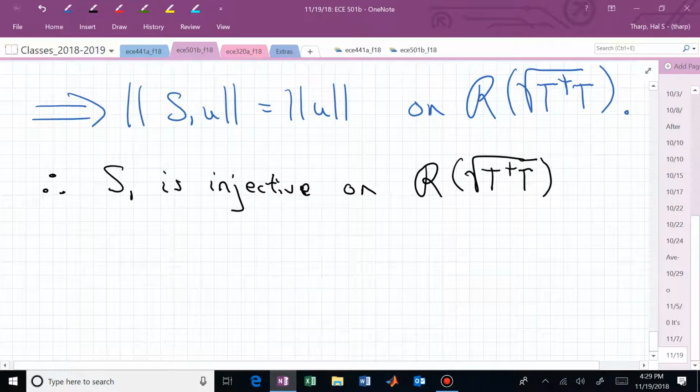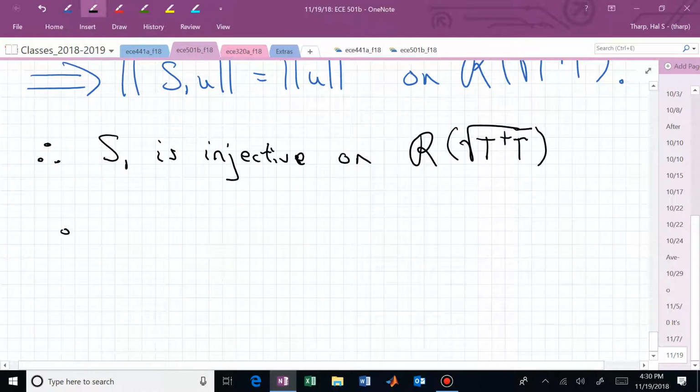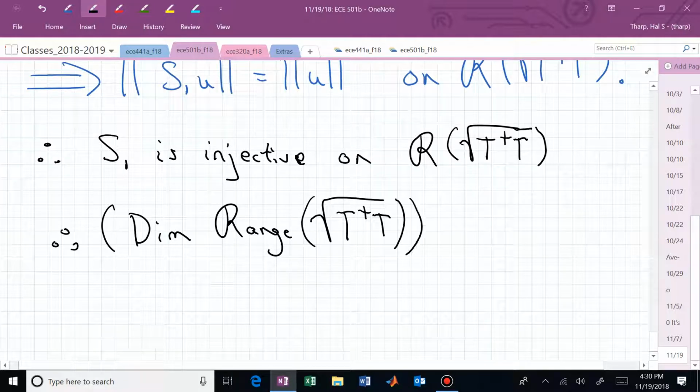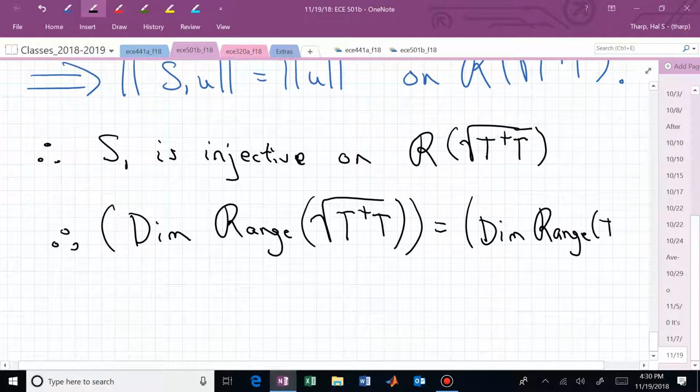It has a trivial null space on vectors in the range of the square root of T dagger T. Are we clear on that? What does that say? Therefore, the dimension of the range of the square root of T dagger T is the same as the dimension of the range of T.